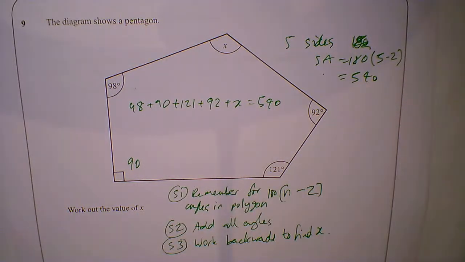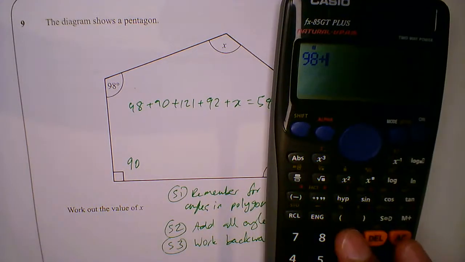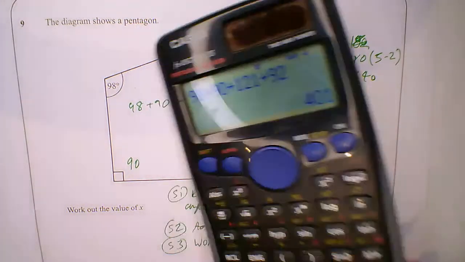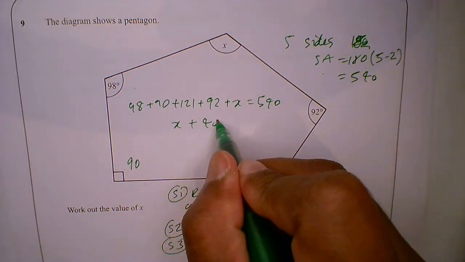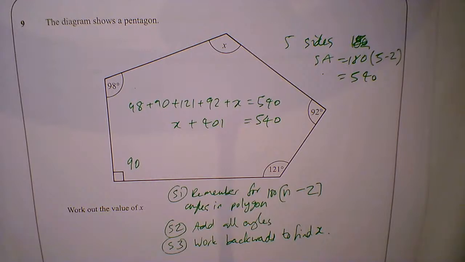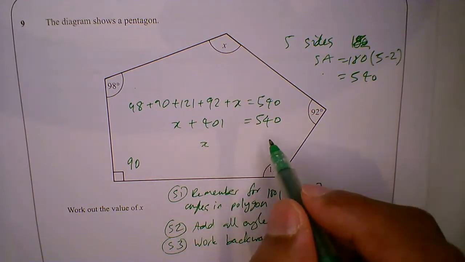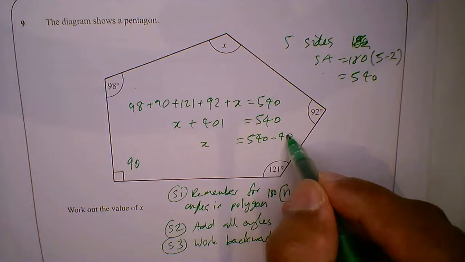If I add all of these up, 98 plus 90 plus 121 plus 92 gives me 401. So x plus 401 equals 540, so x equals 540 take away 401.